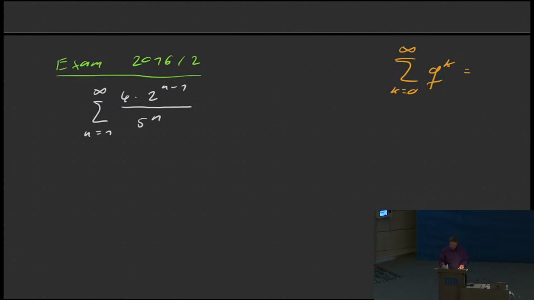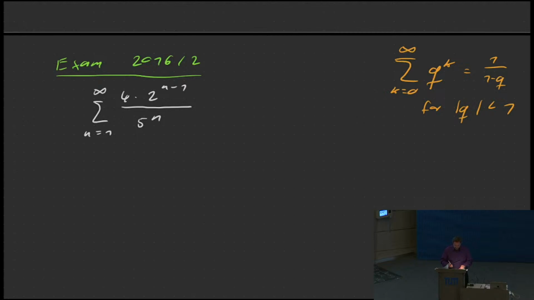And if that converges, then it converges to 1 over 1 minus q, if that q is less than 1 in absolute value. Right, so something to a power, and the summation is over that power. Same thing here. We sum over n, and n is this power that appears here. We just need to see if we can reformulate it in a way such that it looks exactly like this.